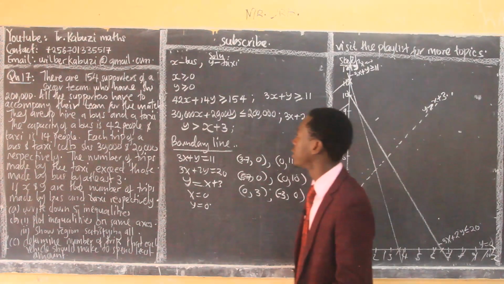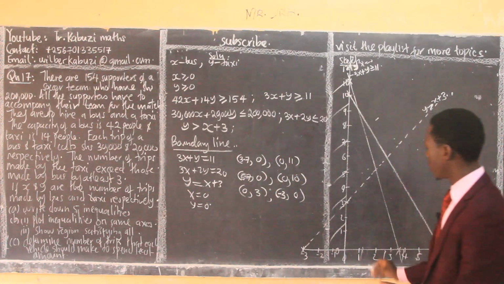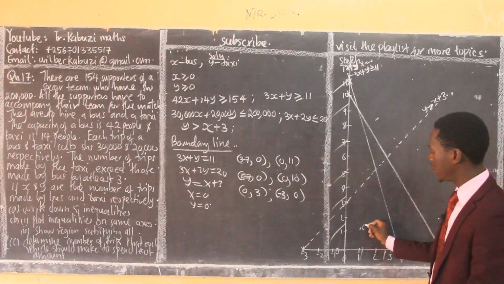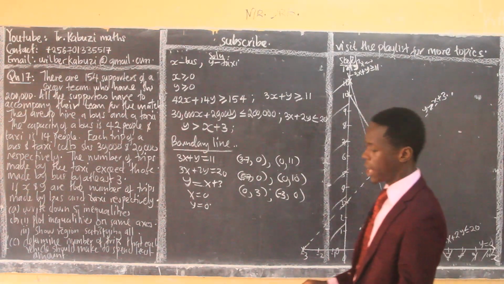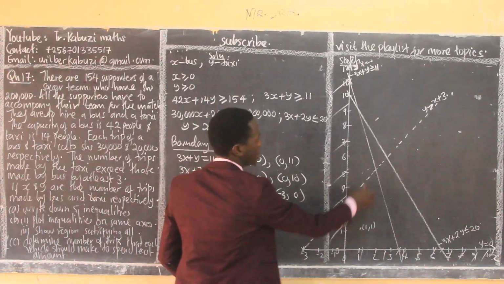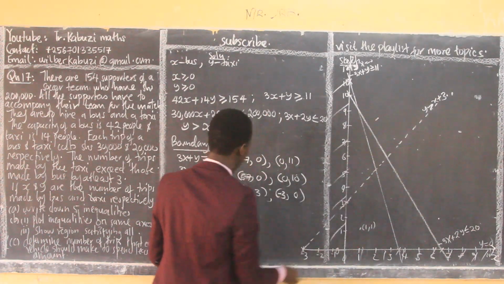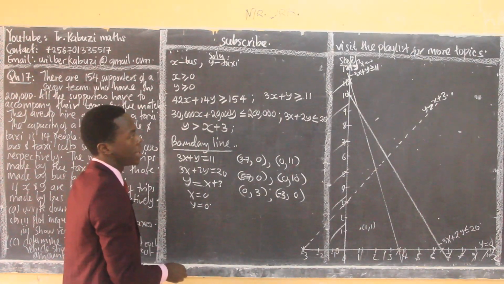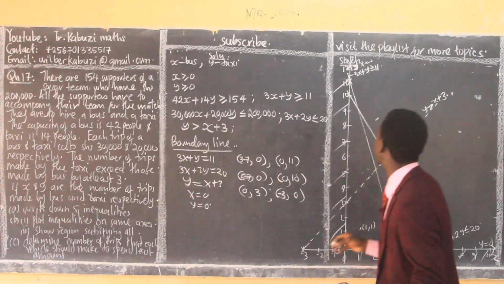Then we come and we test the test point. The easiest test point to use is this one, which is (1, 1). When I test for the first one, let me use this as the test point.